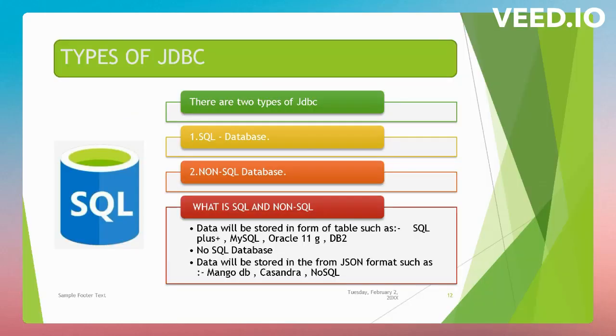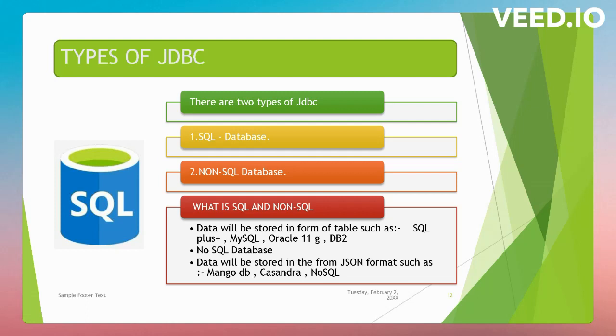There are two types of databases: SQL database or NoSQL database. With SQL, such as Oracle, we run queries on the database. In SQL, data is stored in the form of tables, like MySQL and Oracle DB. NoSQL databases store data in JSON format, such as MongoDB and Cassandra.